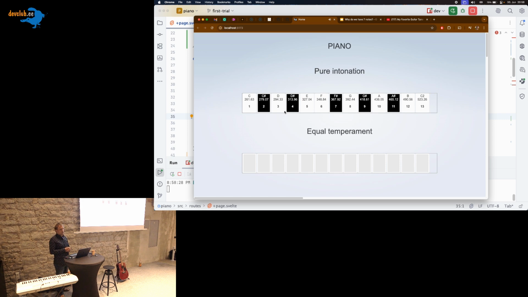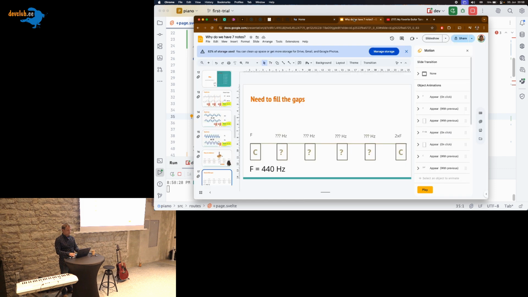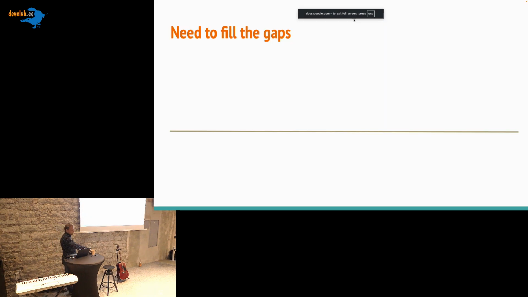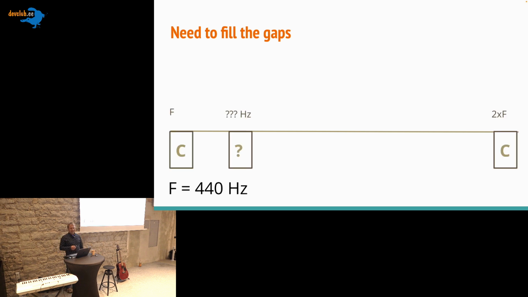This is how the layout of music notes was built like 500 years ago. People used rational numbers for this. At that time they didn't have TypeScript and Svelte. So the answer is that they filled the gaps with rational numbers, like 3 to 2, 4 to 3, and so on.